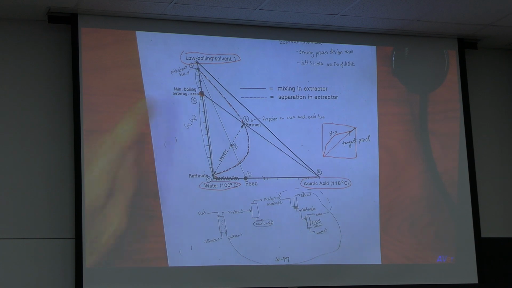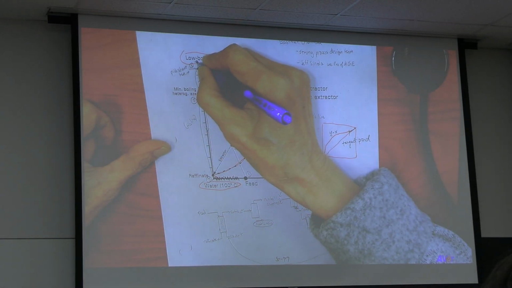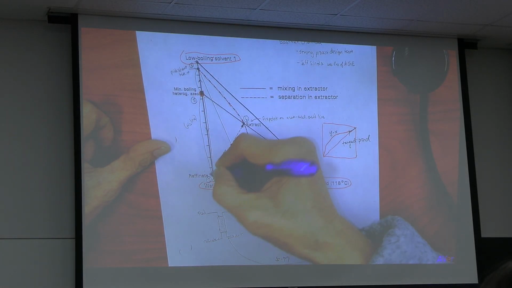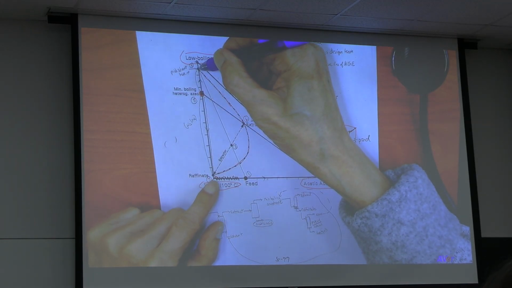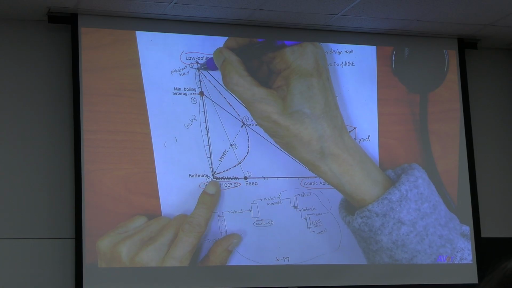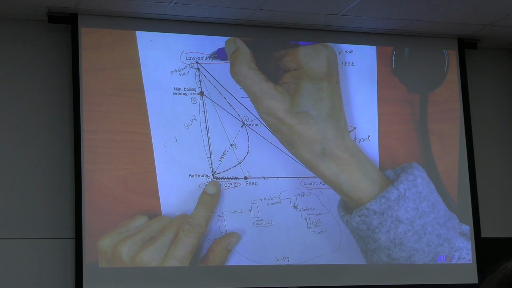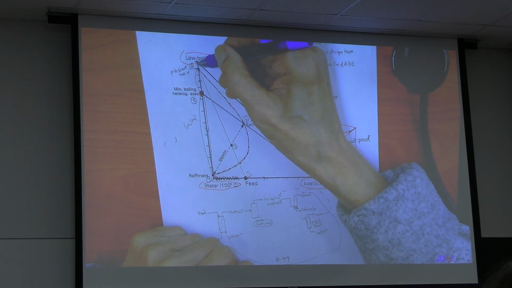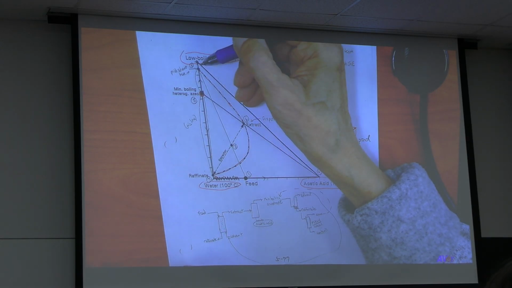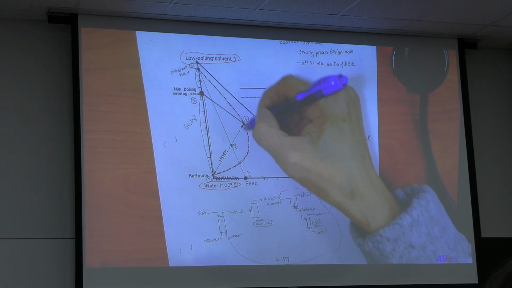Now, this low boiling solvent, you'll find what it is in a minute. From this dot to here, to the end, about 90% pure low boiling solvent. This tiny portion, 10% water, and there is a two-phase region.